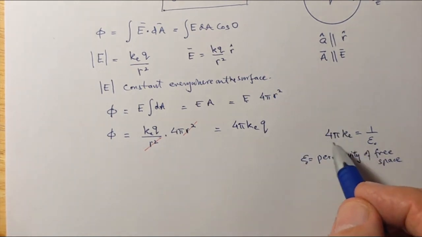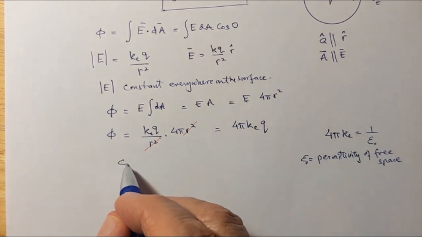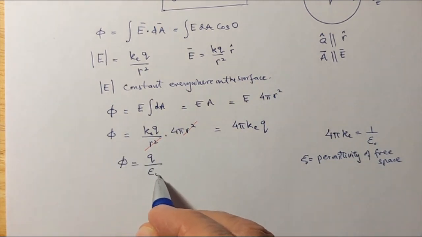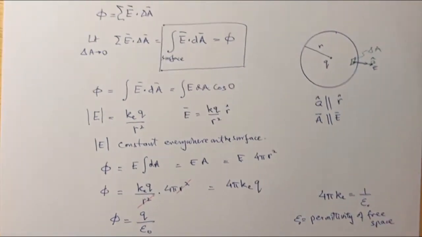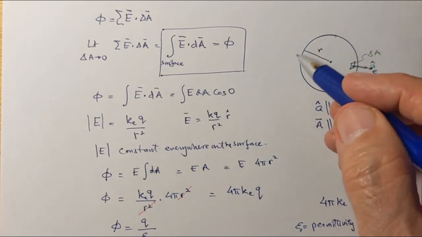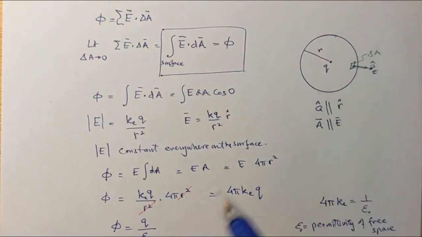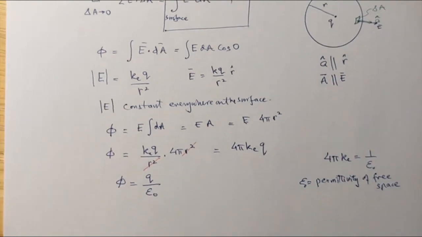And so we can replace that with 1 over epsilon naught, and the flux becomes Q over epsilon naught. So the flux over this entire surface is equal to the charge that's right in the middle divided by the permittivity of free space.